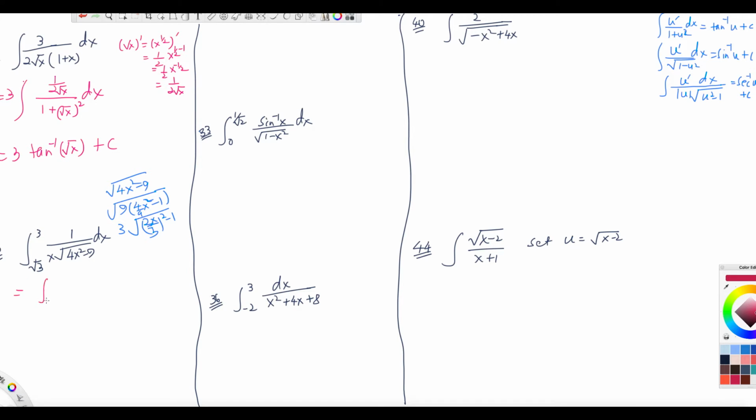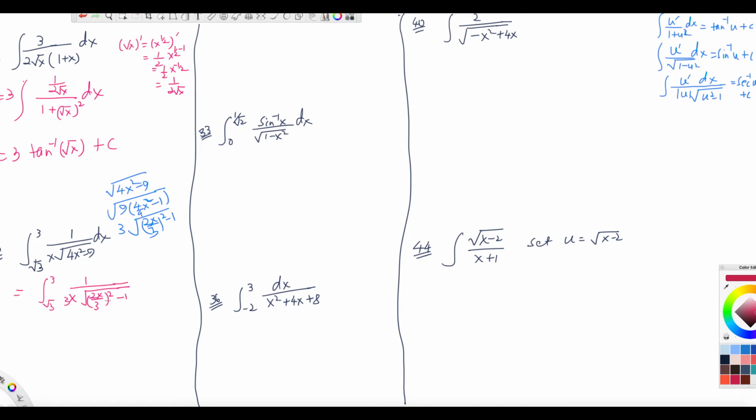So root 3 over 3, and then you have 1 over 3x, because I took that 3 out from there, and under the root 2x over 3 square minus 1.